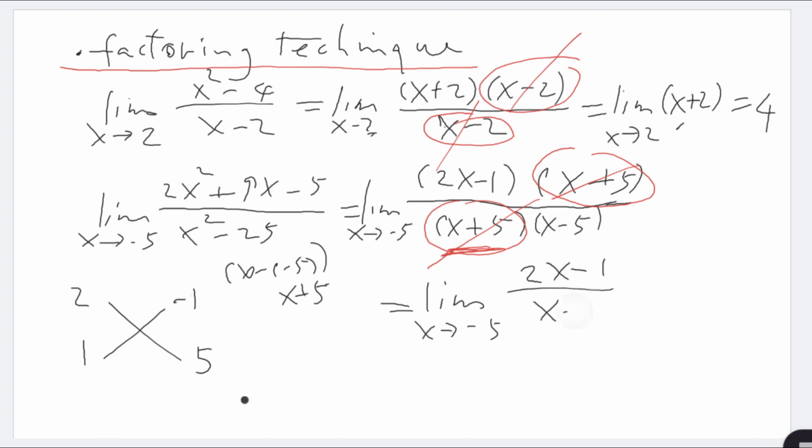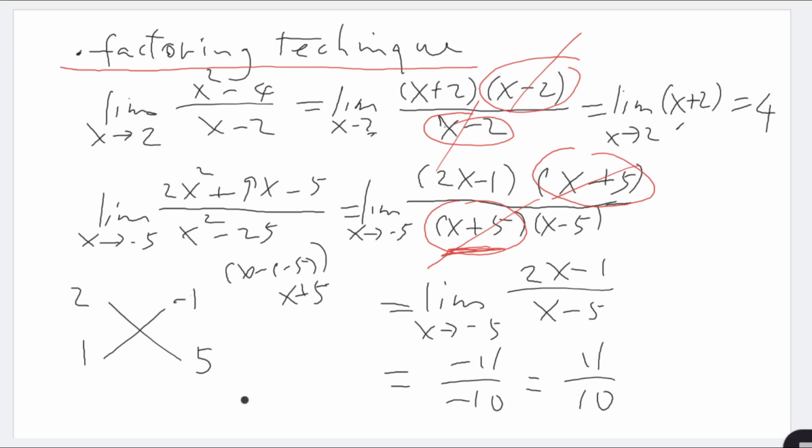Bottom becomes -x minus 5. This time, try to plug in directly, see if we can find out the limit by simply evaluating the expression. So there's no problem. When we plug in -5 for x, top becomes -11. 2 times 5, 10. 10 actually is negative because it's -11. Bottom is -10, so it becomes -11 over -10, or 11 over 10.